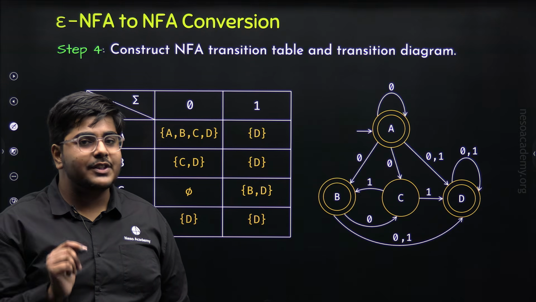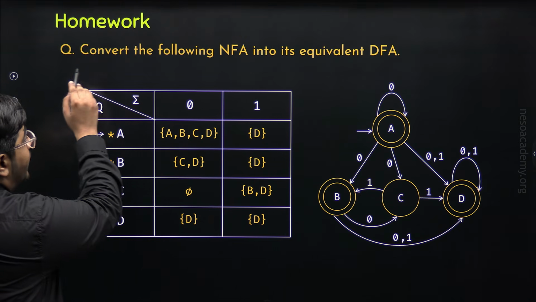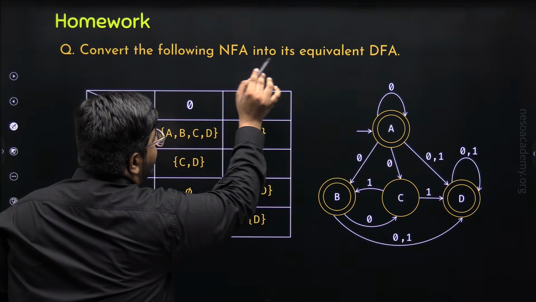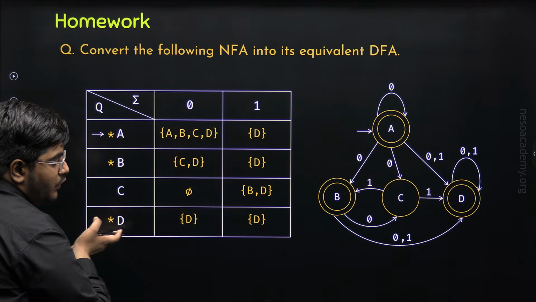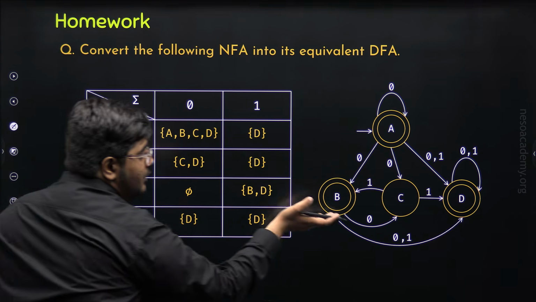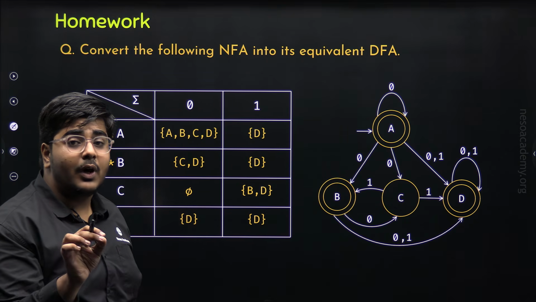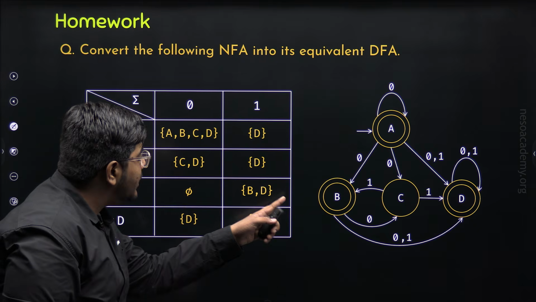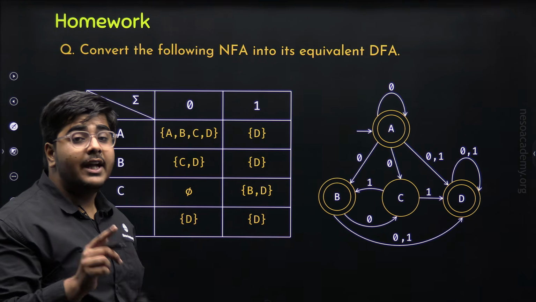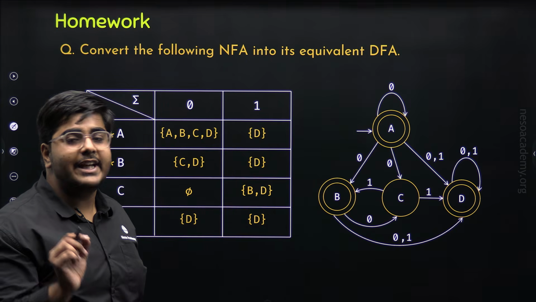Now, it is your responsibility to convert the following NFA into its equivalent DFA. So we have the transition table as well as the transition diagram of the NFA. And now you need to convert this transition diagram of NFA into the transition diagram of DFA.